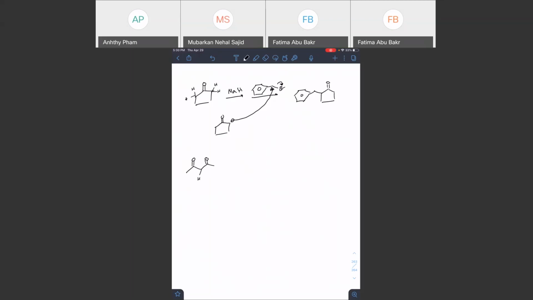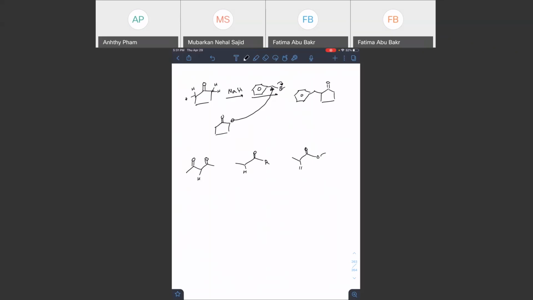That just makes it more acidic in general as compared to if it was just alpha to 1 carbonyl, right? And then next, you have a carbonyl that has an alpha hydrogen here. It doesn't really matter what's on the other side of it, but anyways, the important part here is that it just continues to be R versus one where it is an ester, right?